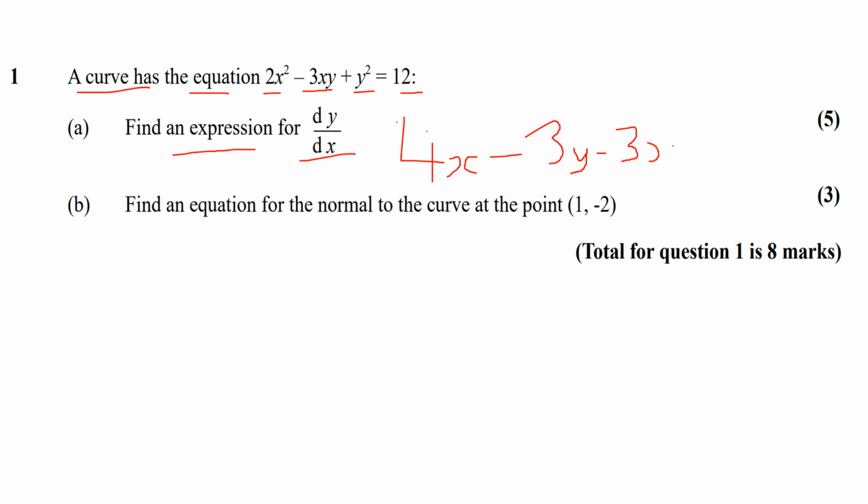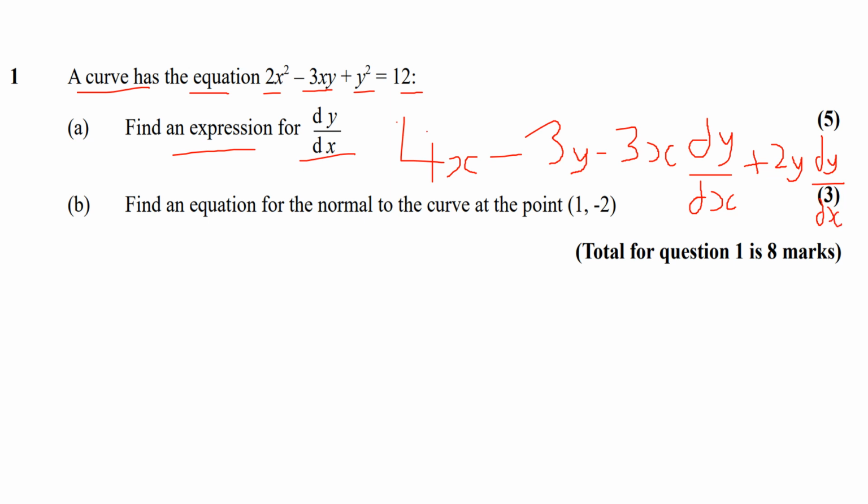Remember, whenever you differentiate a function involving y, you always stick on a dy by dx at the end of it. And then y squared goes to plus 2y dy by dx. And it's always equal to something. We differentiate 12, that's just a constant, so it goes to 0. So that equals 0.